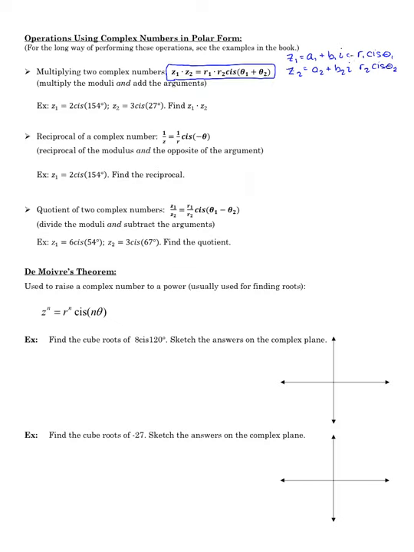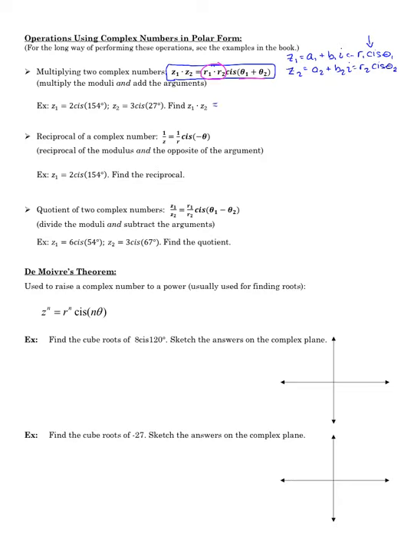So if I'm going to multiply in polar form, you multiply the r's, since you're multiplying, but add the thetas. In general, think about logs. Multiplication and addition go together, and subtraction and division go together. So it's kind of the same process. Here's an example: I have 2 cis 154 and 3 cis 27.